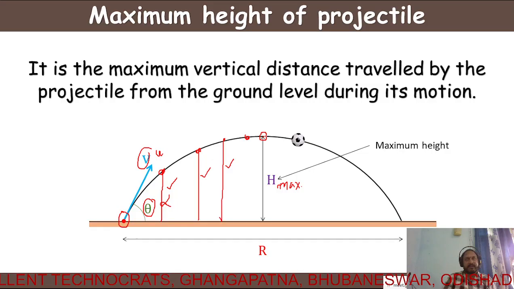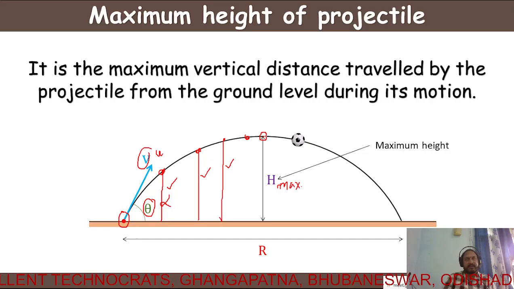Everybody knows this. Clear? Now you're throwing any ball or any particle from point A to point B. So ultimately, when this particular particle or football reaches from here to here, if you calculate the horizontal distance, that is called the horizontal range. What is the horizontal range of a projectile? It is the horizontal distance traveled by the projectile during its entire motion.